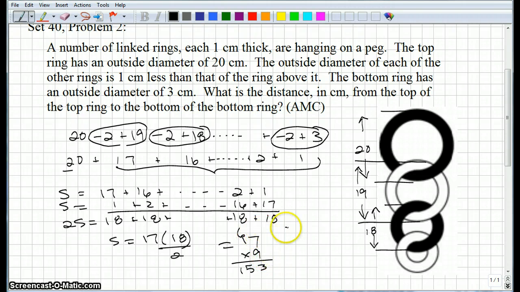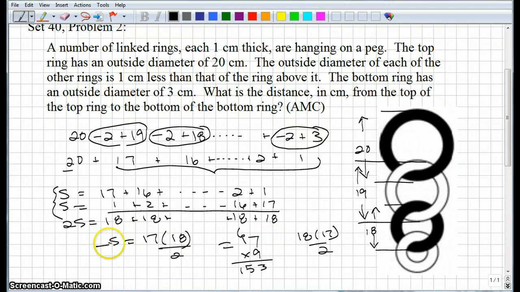And some of you may remember that really you don't have to do this. This is a good way to reason it out if you don't remember the formula. But the general formula for adding an arithmetic series is to take the first number plus the last number. So the first number is 17, last number 1. So first number plus the last number is 18, times the number of numbers, which is 17, then divided by 2.